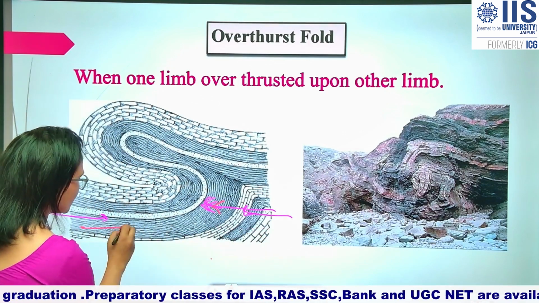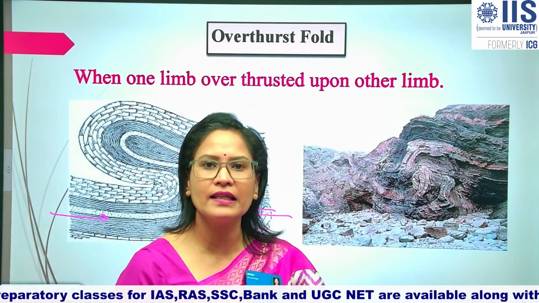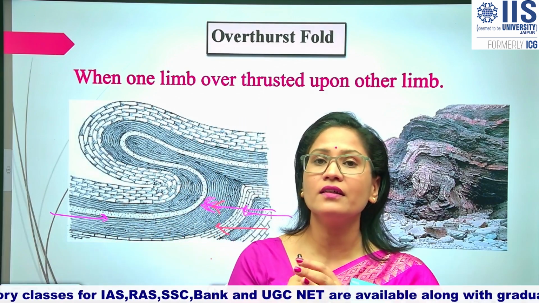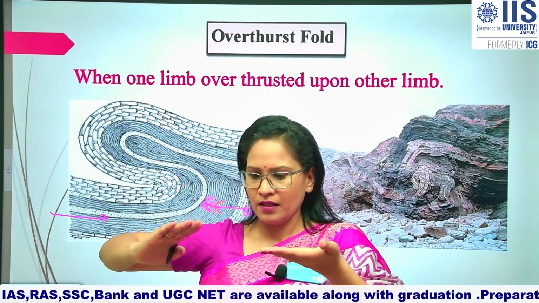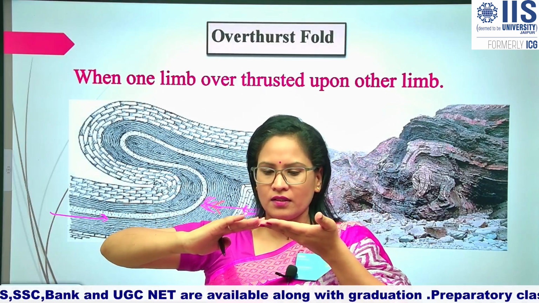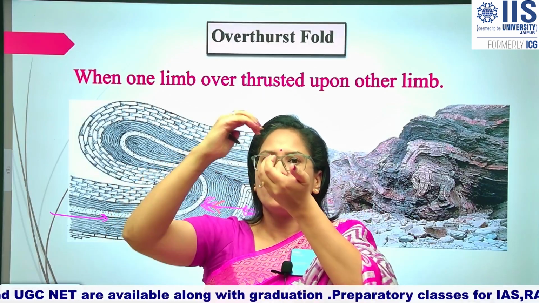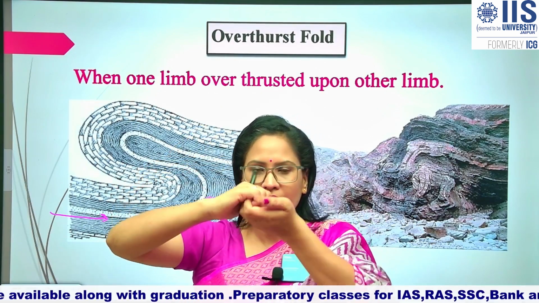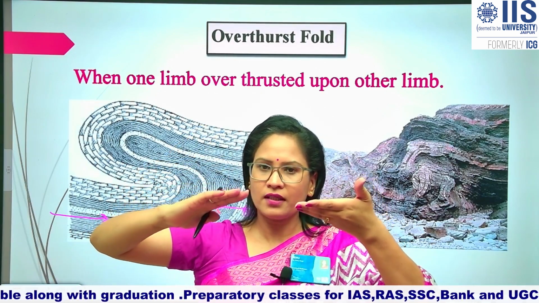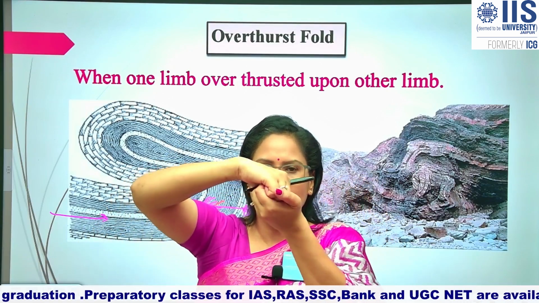When the force is moving towards each other but the horizontal force is much greater, with higher velocity and greater speed, then what will happen? Suppose this part is moving towards this direction, then it will be like this. One limb is overthrusting the other limb, right? They are moving towards each other, they are structuring, they are creating and they are overthrusting it, right?